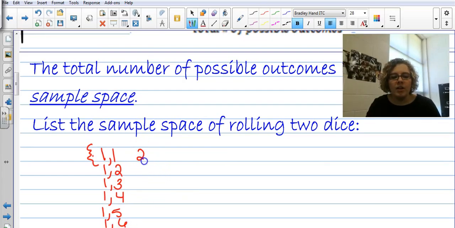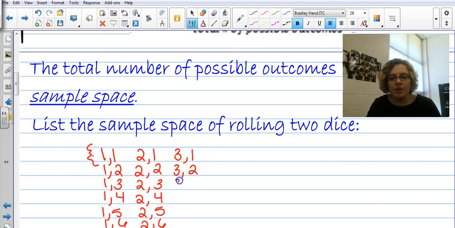Or you could have a 2 and a 1, or a 2 and a 2, or a 2 and a 3, or a 2 and a 4, or a 2 and a 5, or a 2 and a 6. Or a 3 and a 1, a 3 and a 2, 3 and a 3, 3 and 4, 3 and 5, 3 and 6, 4 and 1, 4 and 2.